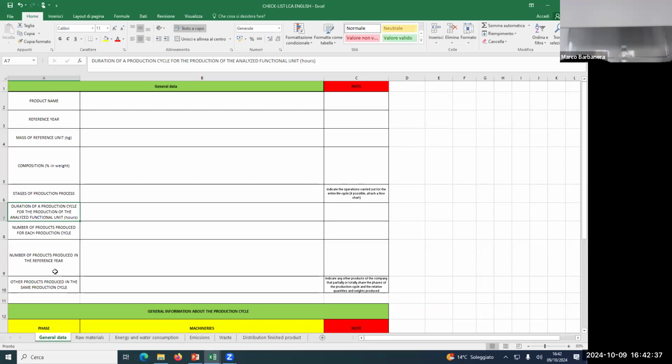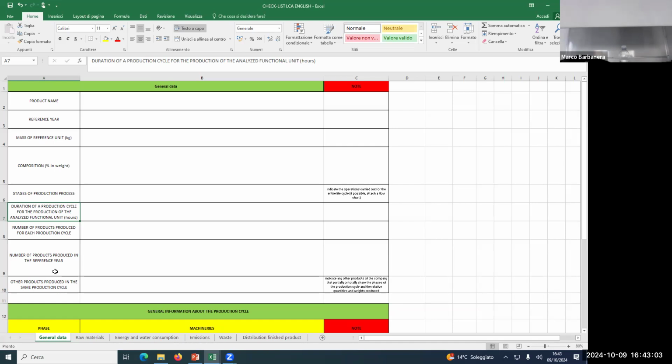It's important to know the number of our product and the number produced of the other kinds of products in order to divide the yearly electricity consumption between the product to be analyzed and the other products.